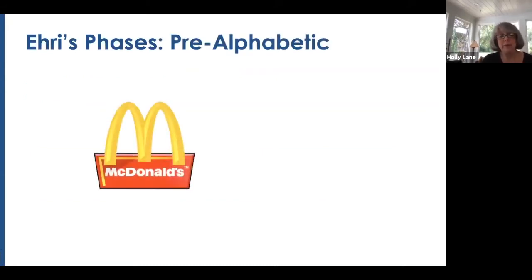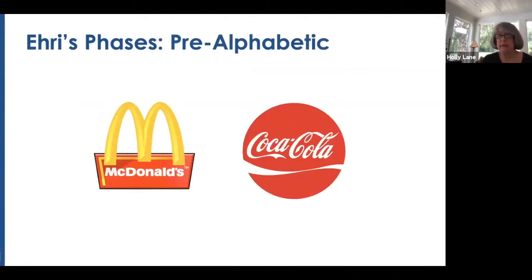In the pre-alphabetic phase, this is when kids see things that they can attach meaning to symbols, and it may not be individual actual words and letters. So when your 3-year-old sees the golden arches and says, "Oh, can we go to McDonald's?" You might think initially, "Oh my goodness, my baby can read," right?